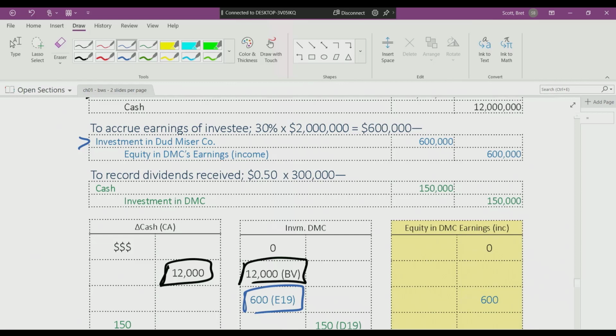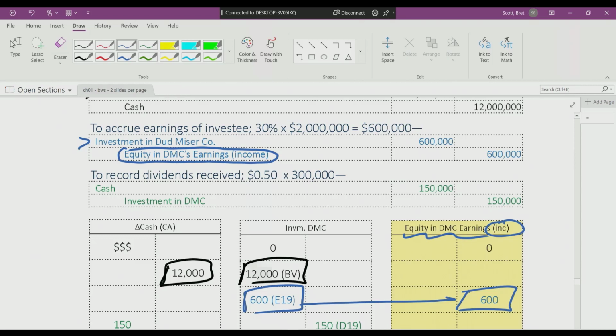I'm just reflecting how the fair value of my investment has changed due to the performance of the subsidiary. Where do I recognize the credit? Well, this is the beautiful thing. I can show it in this account called equity in DMC earnings. Or another phrase we can call it is equity in the income of DMC. Regardless of how you want to call it, get used to this name.